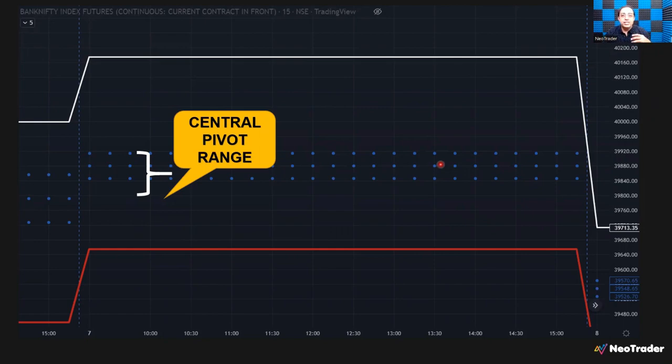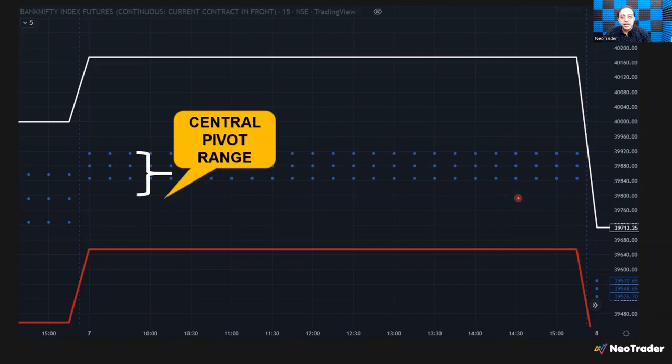Now, when a CPR begins to affect a trend, what we have to do is see what the important trigger points are. So what are those trigger points? One of the most important trigger points in a CPR reading is your previous day's high and previous day's low.